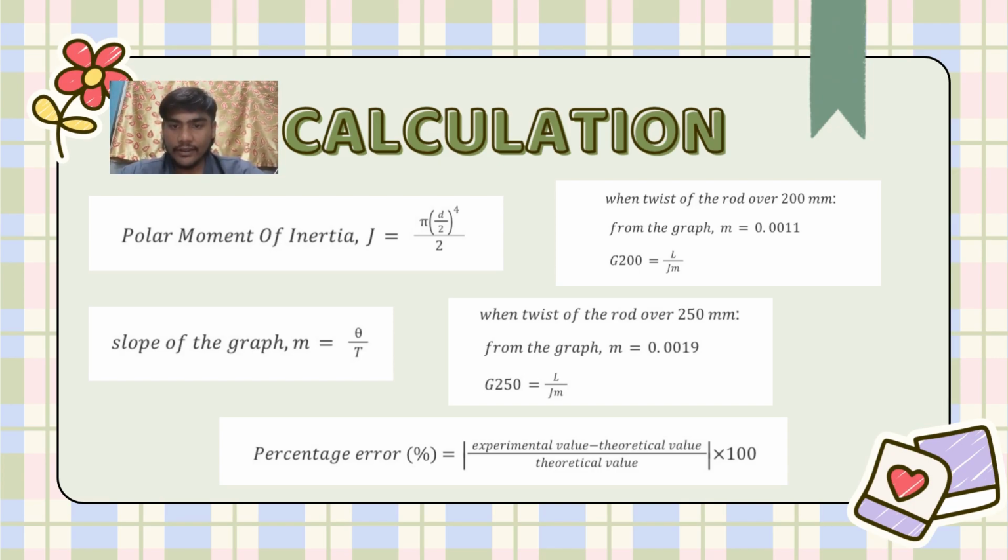And then we have the G for 250 equal to L over Jm also. And lastly, we have percentage of error equal to experimental value minus theoretical value over theoretical value times 100. And for the percentage error, we don't consider negative.